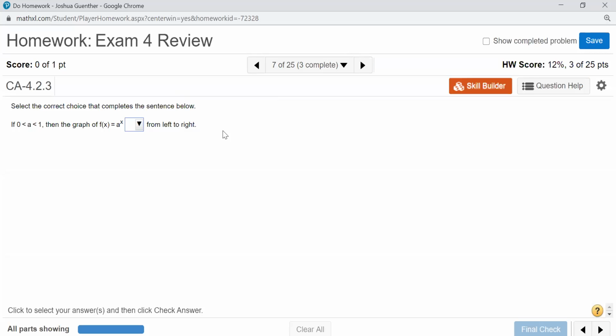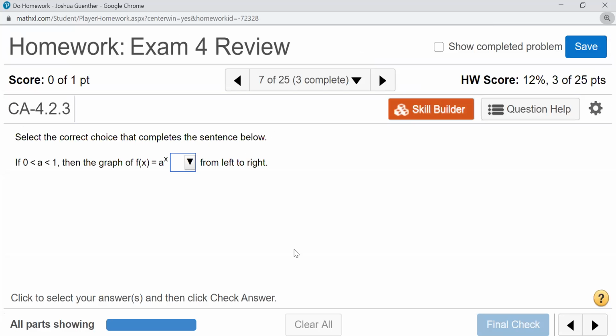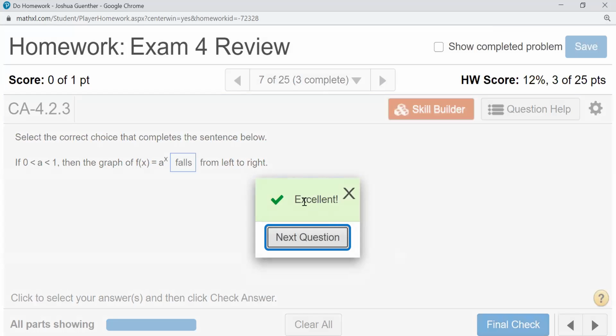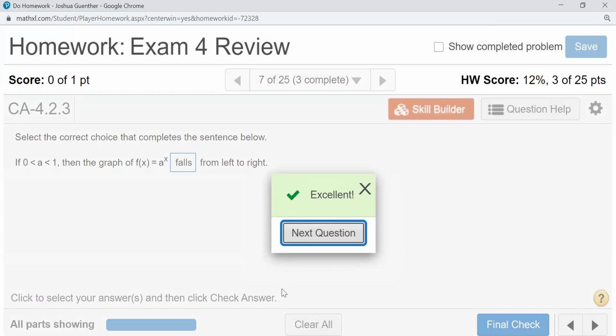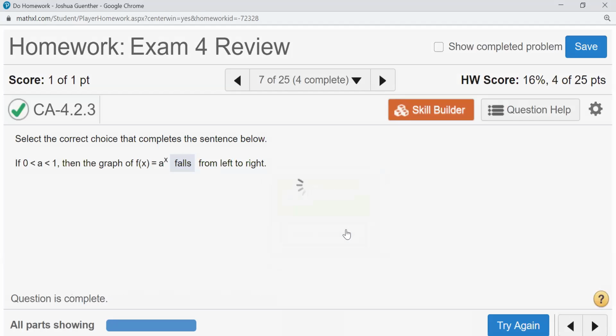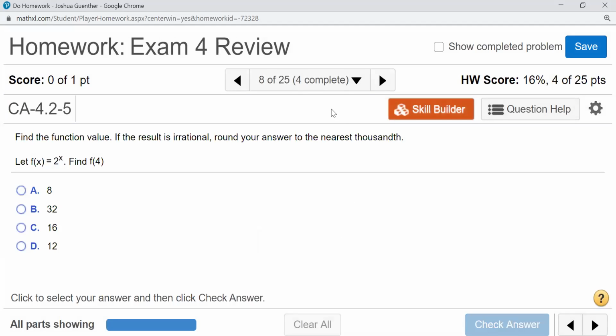Whenever we're looking at the graph of an exponential, f of x equals a to the x, remember we argued that if the base of the exponent was greater than 1, it would be a rising exponential. But if it's between 0 and 1, it's going to be a falling exponential. And we looked at some graphs of different types of exponential equations.